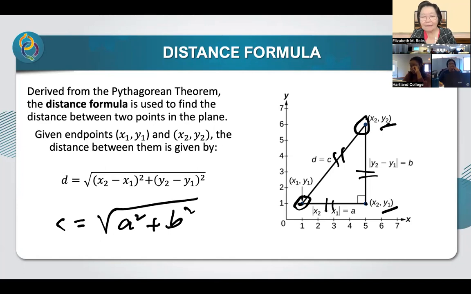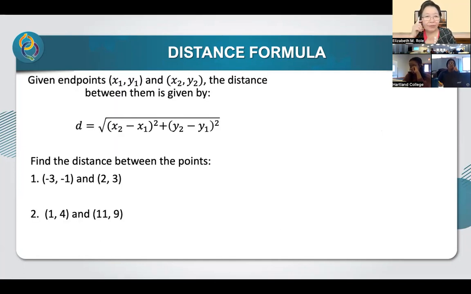So with that formula, just suppose I have two points, -3, -1, and 2, 3. What is the distance between these points? So let's do that. Let's begin with the x's.